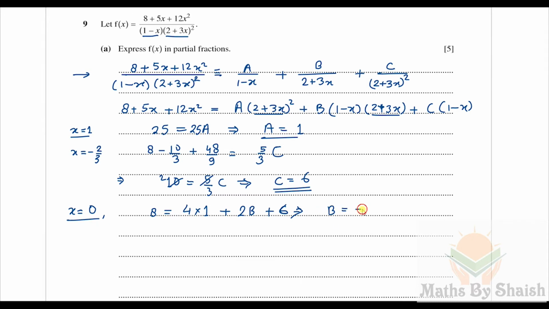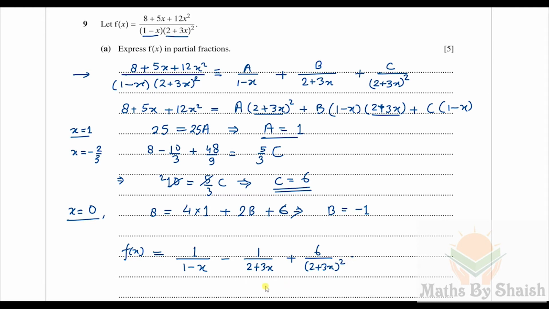And that's why the partial fraction will express f(x) as a over 1 minus x, that is 1 over 1 minus x, b over 2 plus 3x, that is minus 1 over 2 plus 3x, and plus c, that is 6 over (2 plus 3x) whole square. And that's the answer.